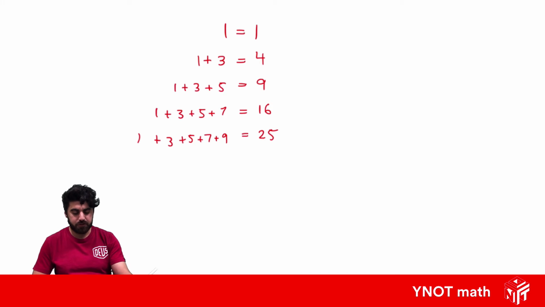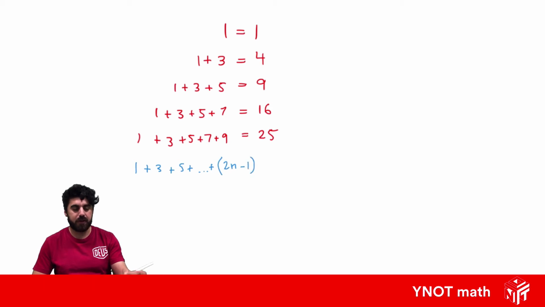And in order to do this, we need to write a general statement. So let's write the statement that 1 plus 3 plus 5 plus ... all the way up to a general odd number, which we can express as 2n minus 1.